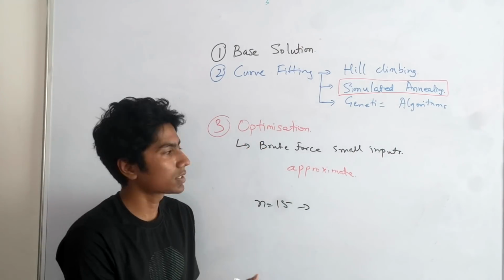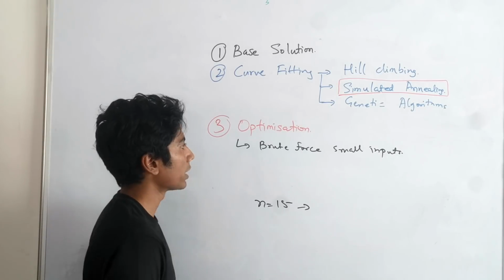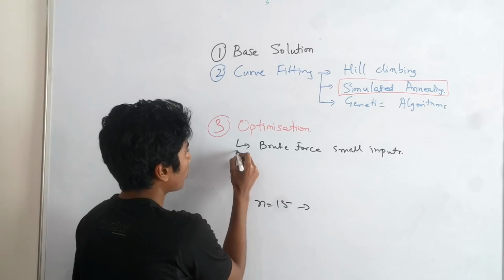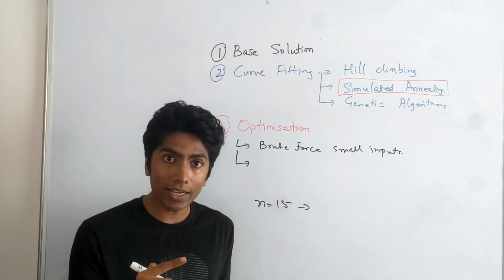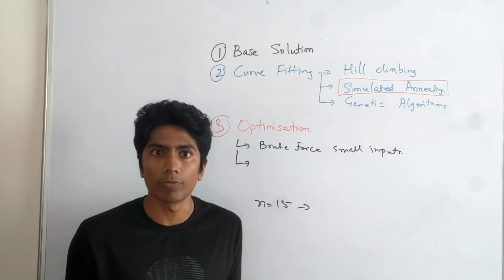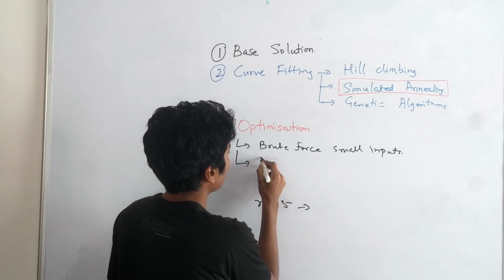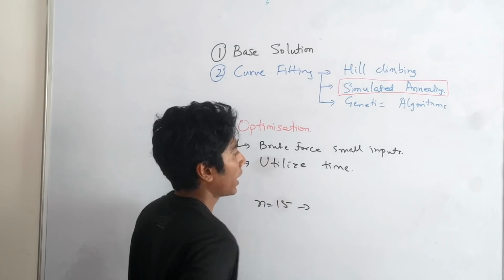Alright, this is obvious, and I think some of the contests don't even have small inputs, so you can even ignore this maybe. The second thing you want to do is utilize as much time as you can. 1 second is the time limit, utilize all of it. Now, how do you do this?